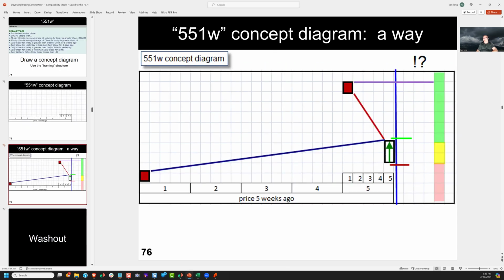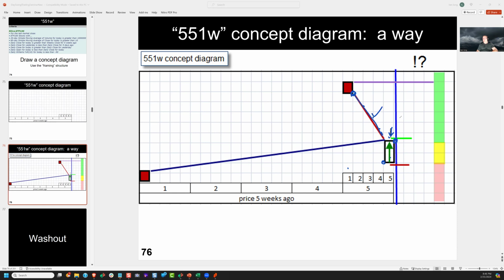So the first thing that I have to do is, this is today's candle. So it's a white candle, so it opens here and closes there. So it was an up day. And then if I go back 1, 2, 3, 4, 5 days ago, the close 5 days ago is higher than today's close.